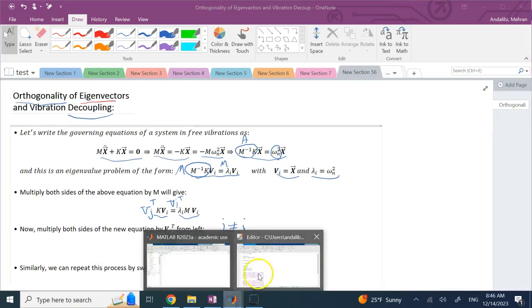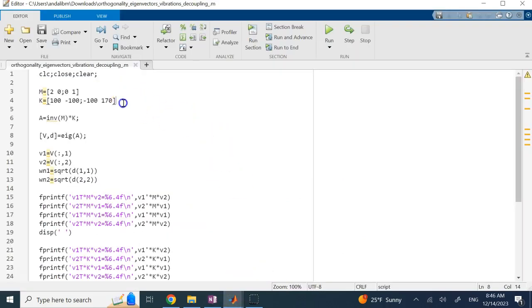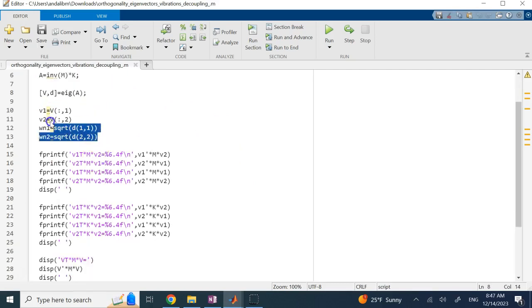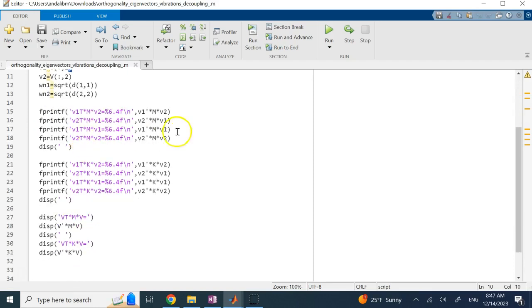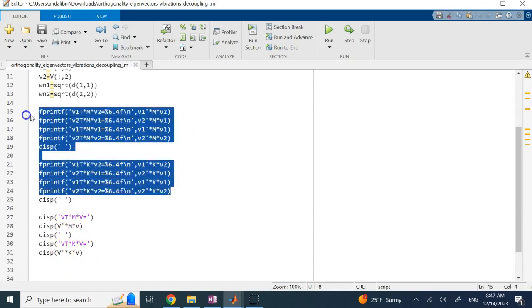And here is a simple MATLAB code for this. For the M and K that we used, I used the inv of M times K for the A matrix, found the eigenvalues and eigenvectors, the natural frequencies, the eigenvectors, and then I show you V transpose M V, V transpose K V, and all of those individual elements.